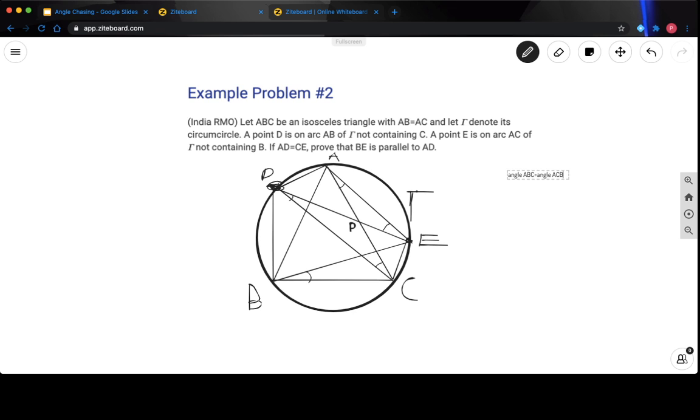So this means that angle ABE must then be equal to angle DCB. Why? Well, we have angle ABC equals angle ACB, and from both of them we subtract the measure of angle EBC, right? So this means that we have these two angles that are congruent.